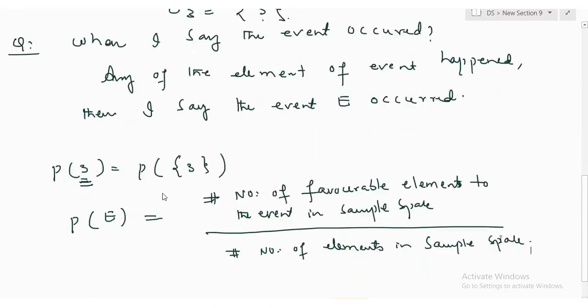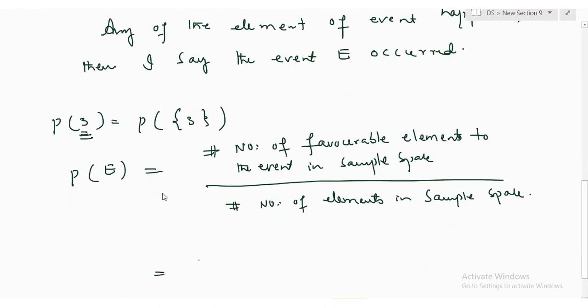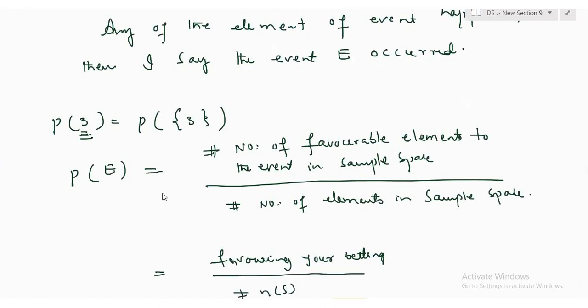In simple language, how many are favoring your betting, the number of elements favoring your betting in the sample space, divided by the number of elements in the sample space. What is the meaning of this? Let's try to understand with a couple of examples.